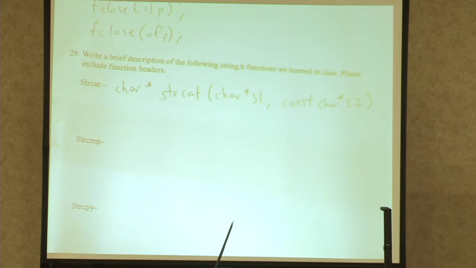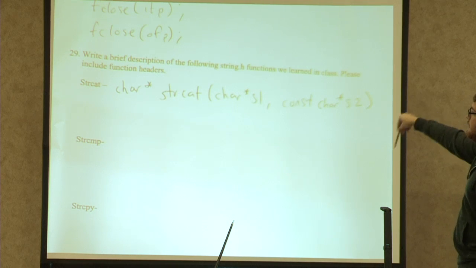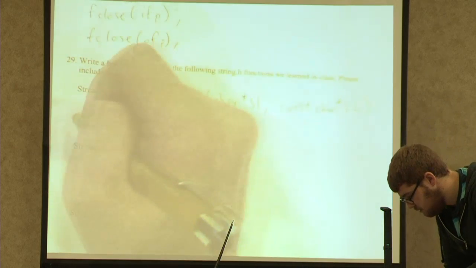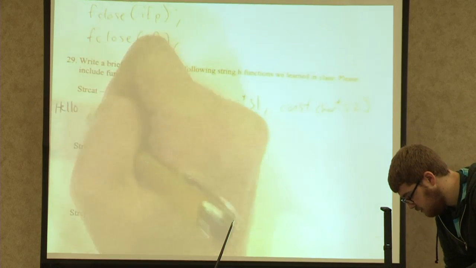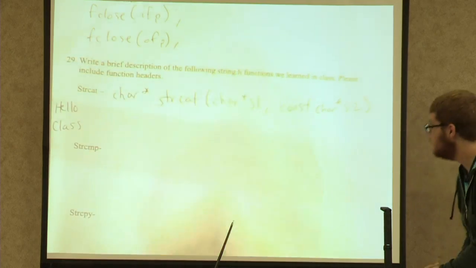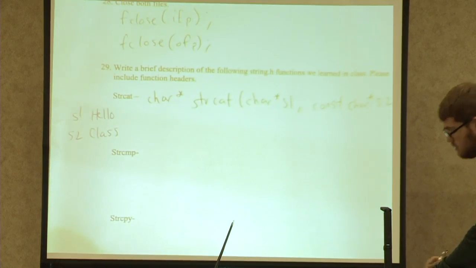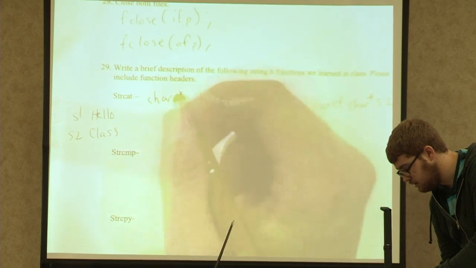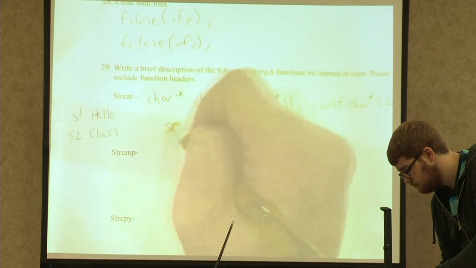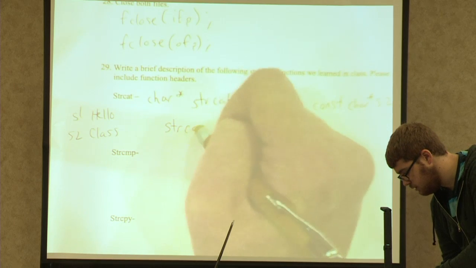So that's what all these pointers are for. That's just showing you if you want to use this, you're going to have to give it two strings, and then it's going to give you that string back. So if we have strings, say, hello, and then class, S1, and then S2, after we do, say we did this, we just have it like this, strcat.